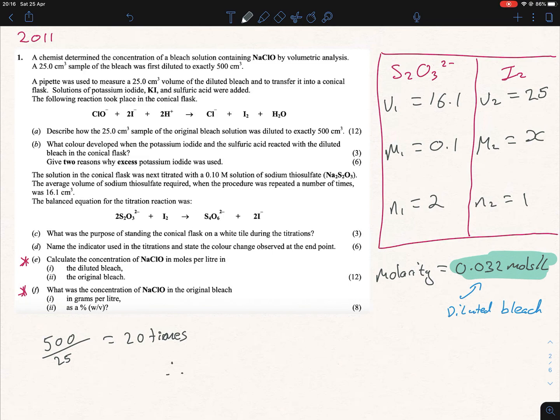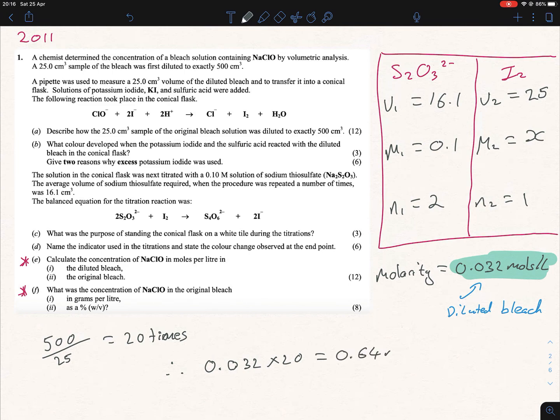Therefore, 20 times 0.032 will give us 0.64.